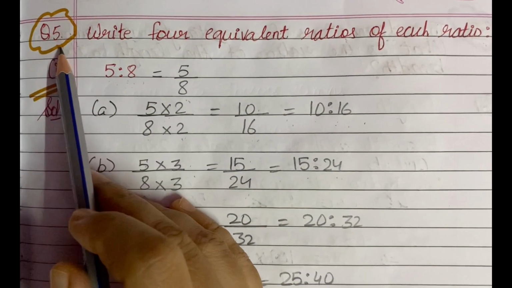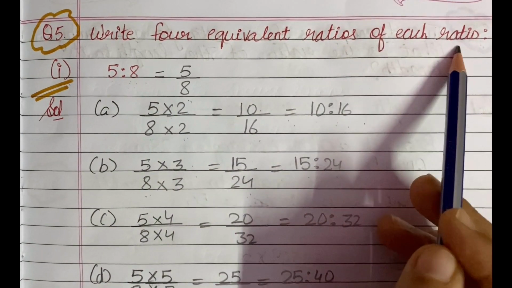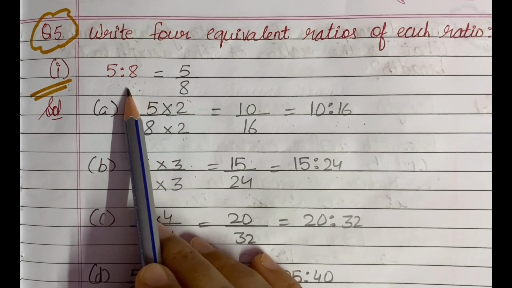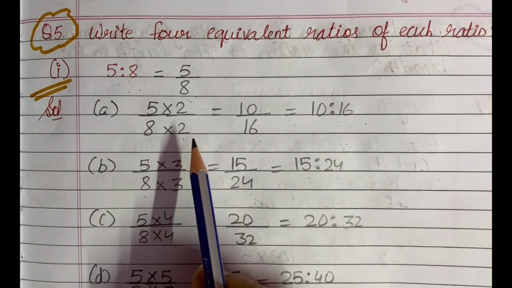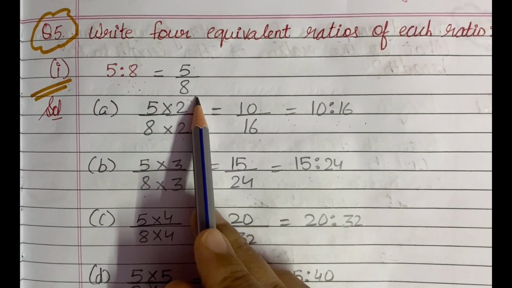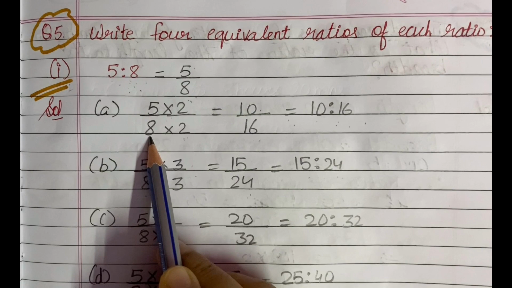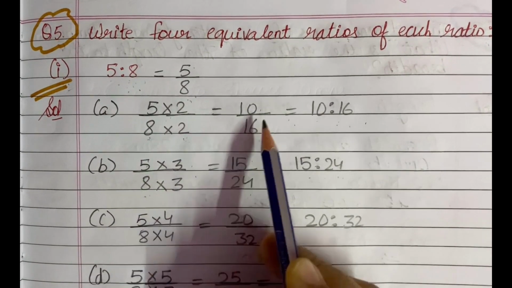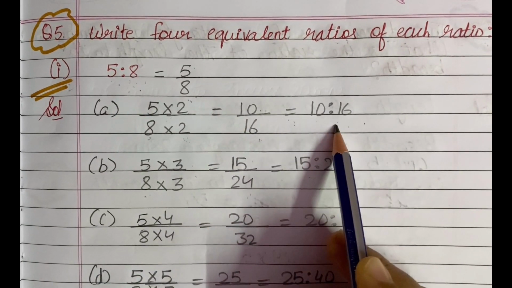Now question number 5 says: write 4 equivalent ratios of each ratio. The first part is 5 is to 8, and 5 is to 8 means 5 upon 8. Now to find the first equivalent ratio of 5 by 8, we will multiply the numerator and denominator of 5 by 8 by 2, and on multiplying we get 10 upon 16, which is equal to 10 is to 16.